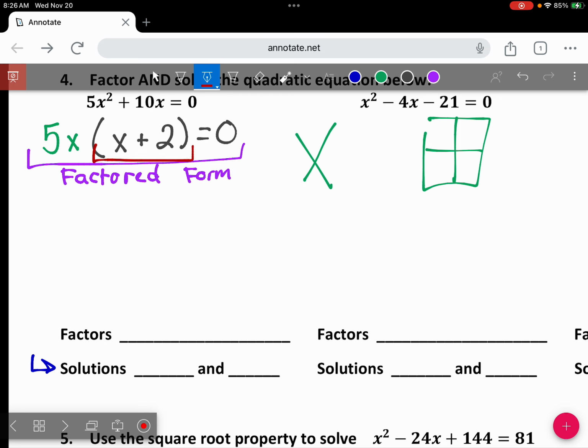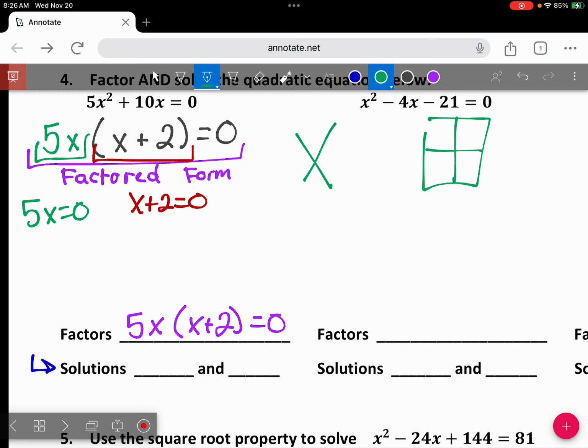Yeah. We take these guys and set them equal to 0. So my x plus 2 equal to 0. And we also need to do it with the 5x. If it has an x, we include it. So 5x equals 0. That's where we get our two solutions from. So our factors will be our 5x and our x plus 2.